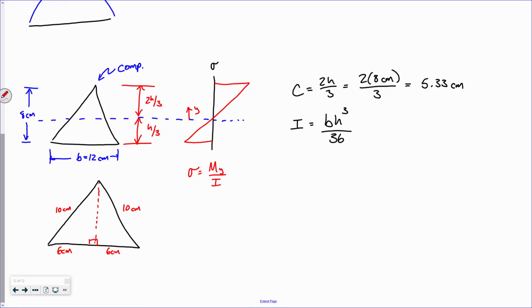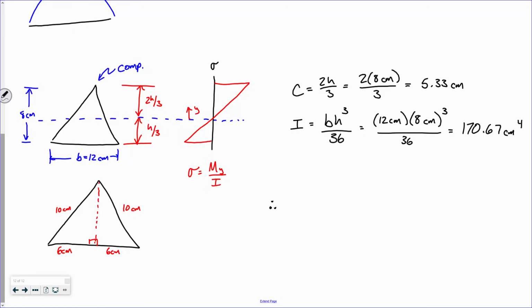Everybody okay with that? So somebody asked about area moments of inertia. I equals BH cubed over 36. There's an area moment of inertia. All right, so 12 centimeters times 8 centimeters cubed over 36 is what? Ends up being 170.67.